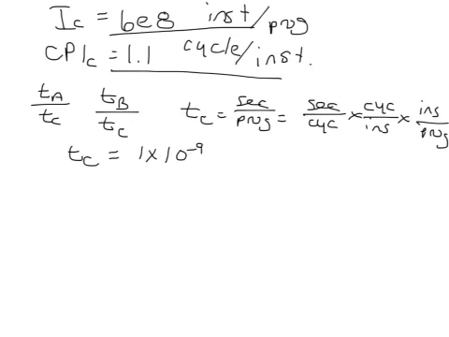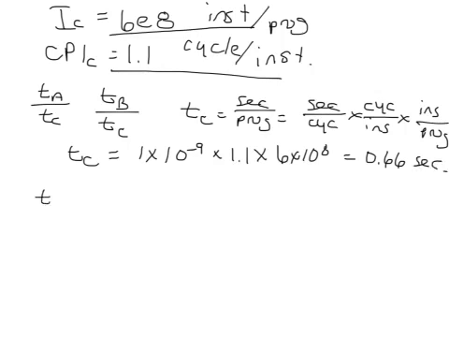We're using the same processor, so it has the same clock speed. Cycles per instruction is 1.1, and the instructions per program is 6 times 10 to the 8th. So that's going to be 0.66 seconds.